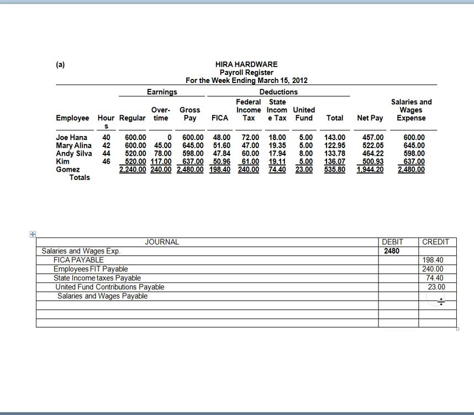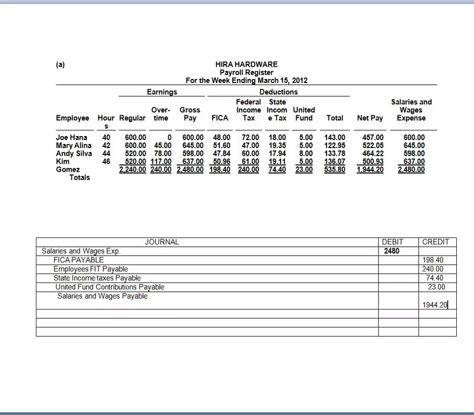And then what we do is typically we would take that net pay of 1944.20, and what we would do with that is transfer a check into a payroll checking account, and grab the money out of our regular cash account and put it into a payroll account.